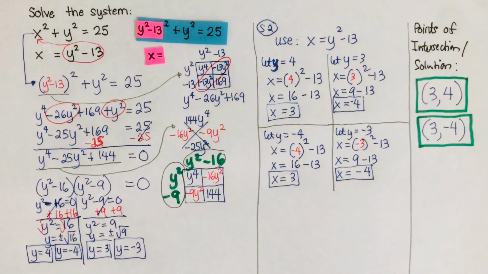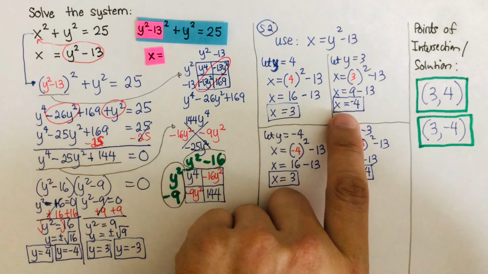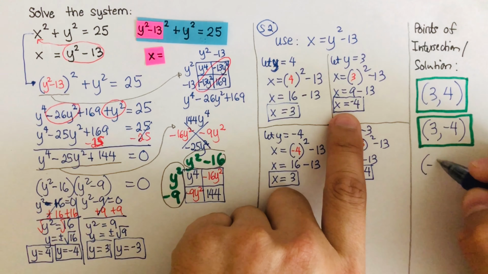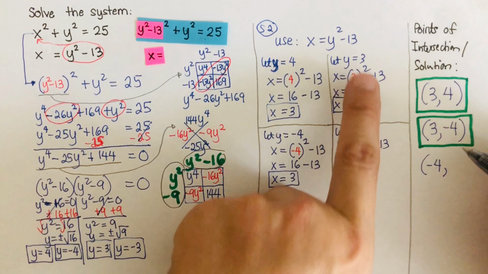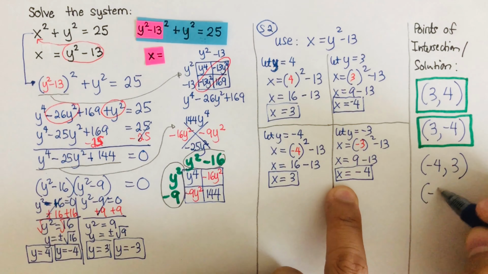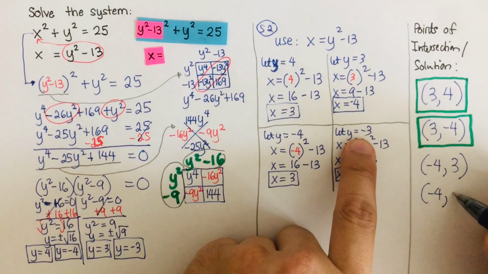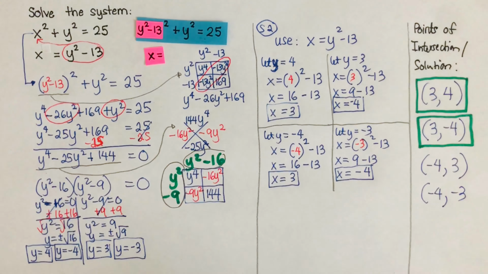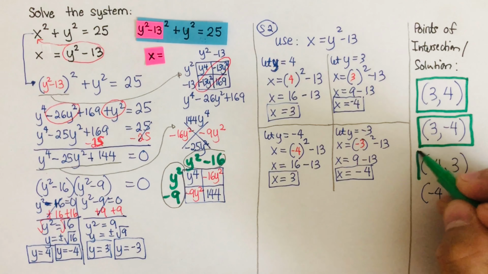Okay, so the other set of points of intersection or solution would be this one right here. So if we have a negative 4 for x, the y value would be 3. And if we have a negative 4 for x, the other value for y is negative 3. So pretty much these are the 4 points of intersection.